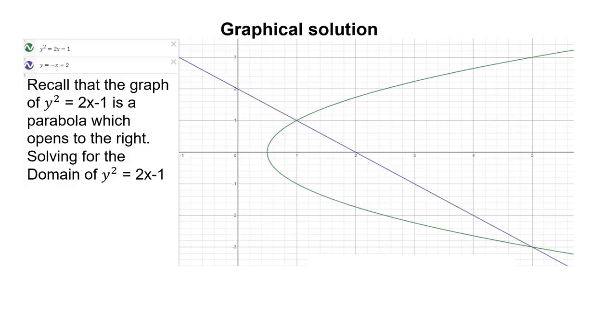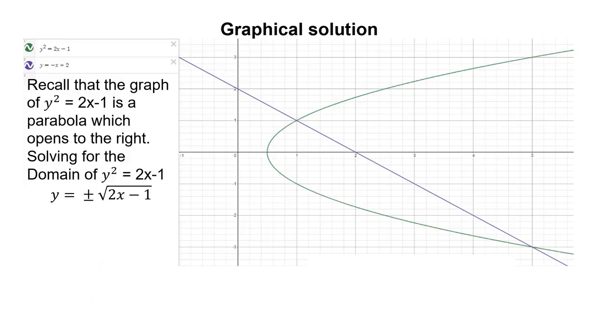And solving for the domain of y squared equals 2x minus 1, we can actually take the square root of 2x minus 1. So that will give us y equals plus or minus the square root of 2x minus 1. And since we know that the value inside the square root should not be negative, then we can come up with the following.